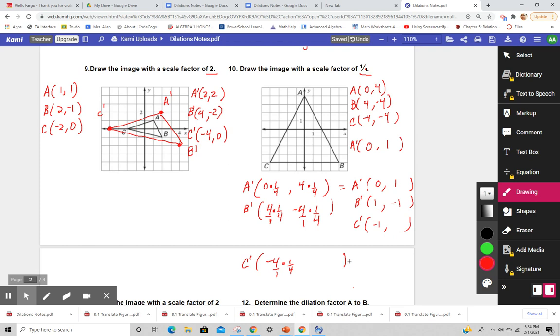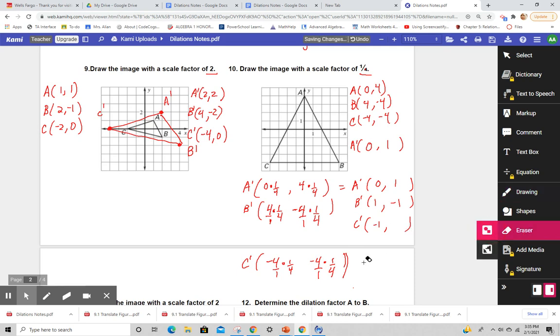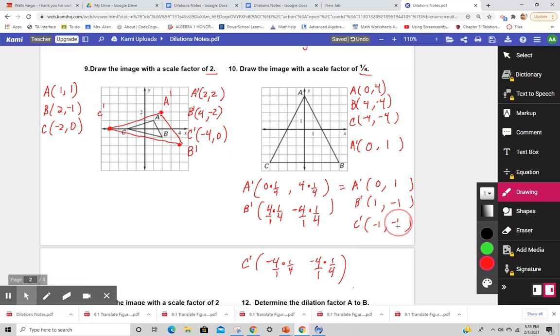And then -4 again, times 1/4. So -4 times 1 divided by 4 is going to be -1. Okay? So that's how you go about multiplying each x and y by the scale factor 1/4.